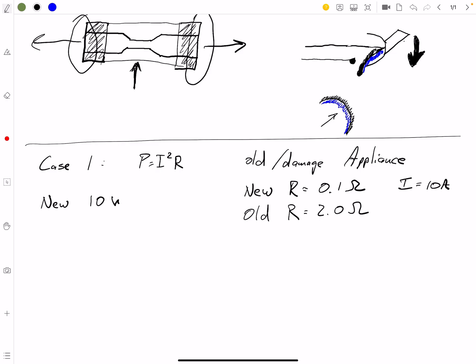Okay, so 10 watts new, but old, we're dealing with 100 times 2, that's 200 watts. So new appliances versus old appliances, you're going to have changes there as well, simply because the resistances for the objects are going up and down.